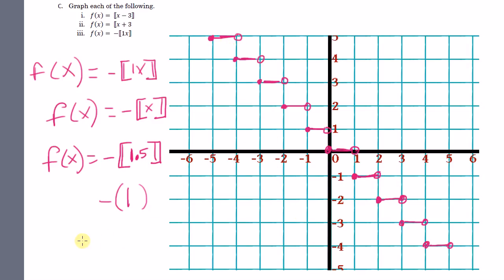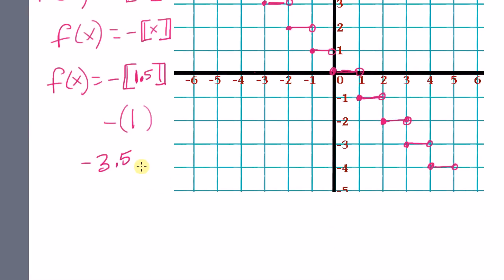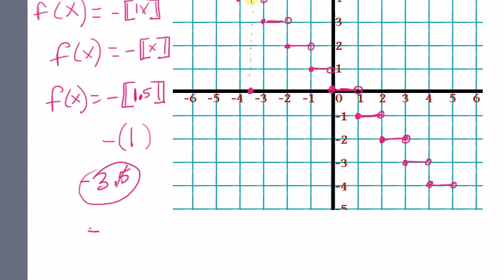Alright, so negative 3.5. When x is negative 3.5, it should be negative 4. And it is. The greatest integer function for this negative side is going to sound ridiculous, but we have negative 3.5, right? So that's here.